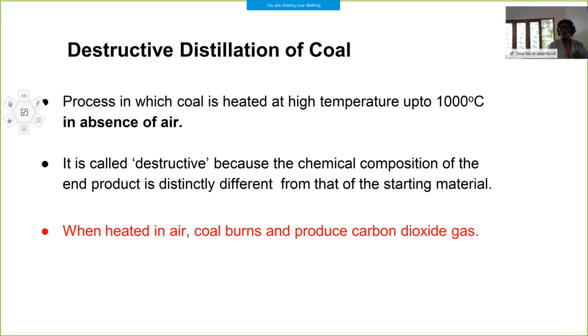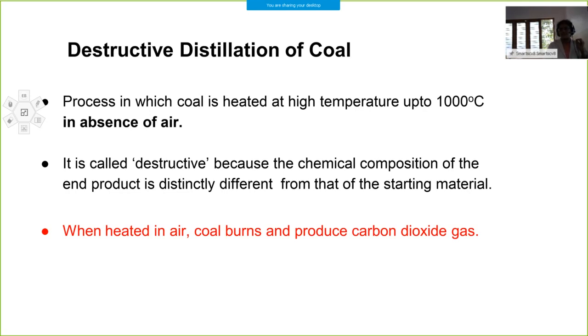Only when you heat coal in the absence of air will you get these volatile compounds. If you heat coal in the presence of air, it just burns off. You won't get these volatile compounds.